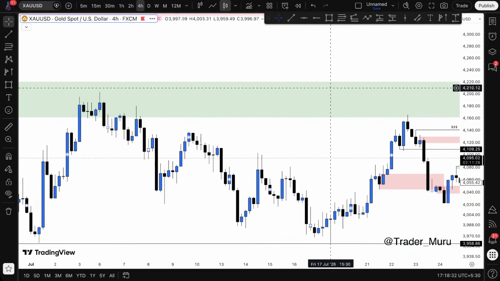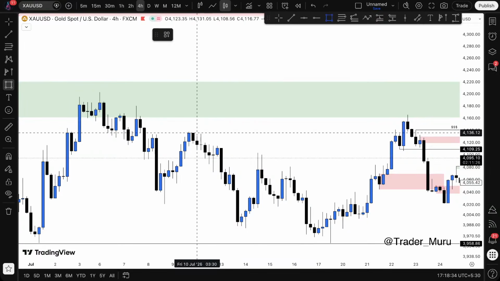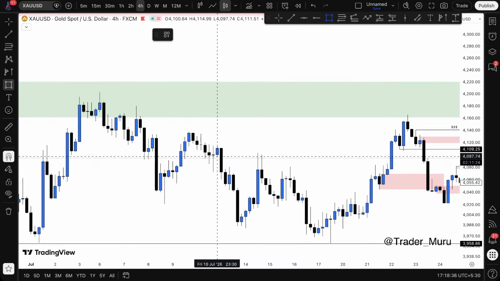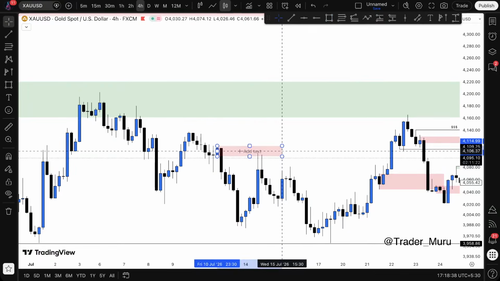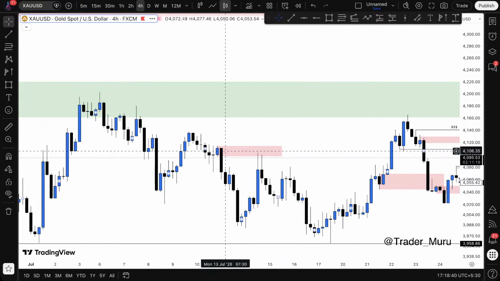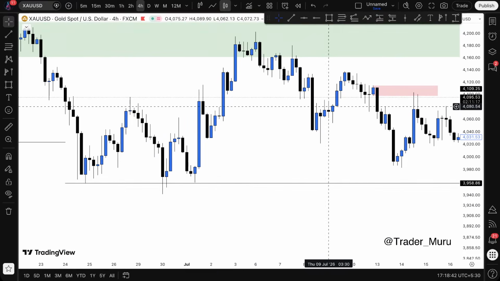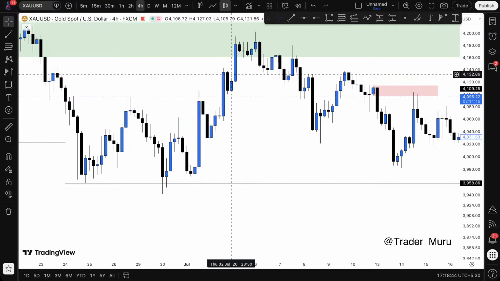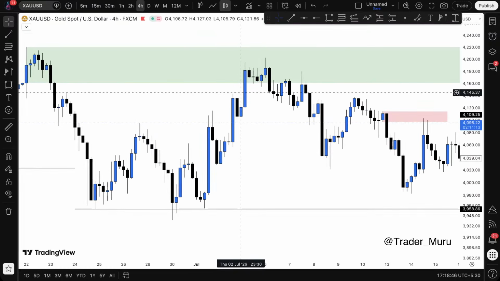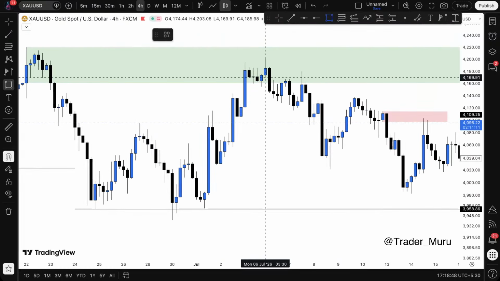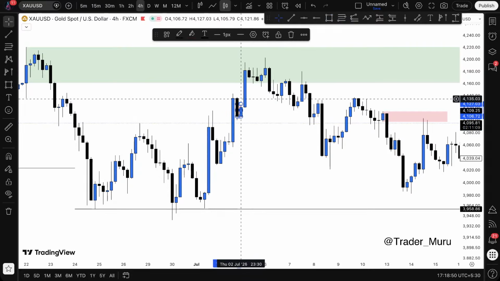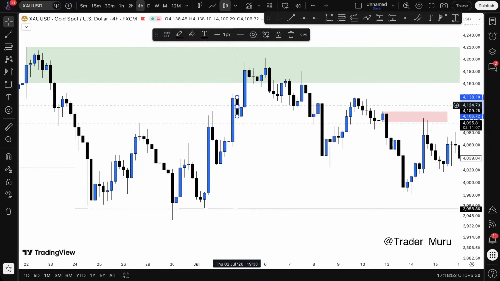Supply: a buy candle, then a sell candle breaking its low and closing below it, price will retest it and drop. This is your supply. This is your demand: a sell candle forms and a buy candle breaks above it and closes above it. Price will test it and pump.